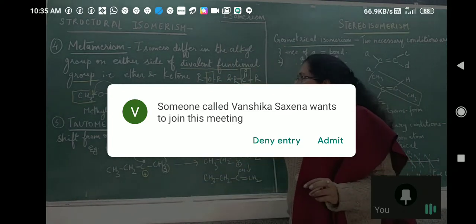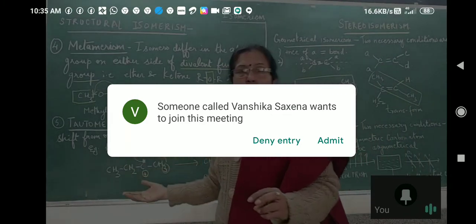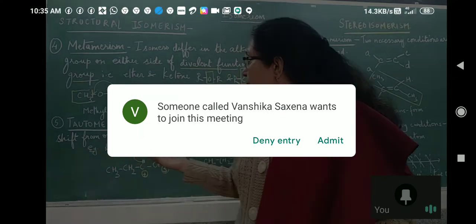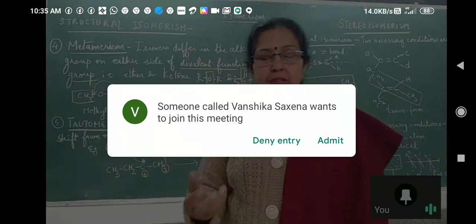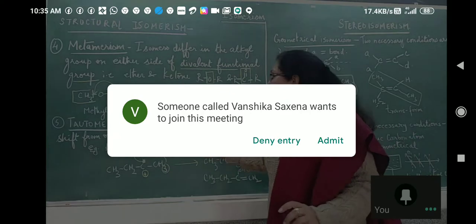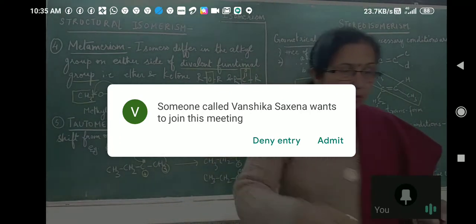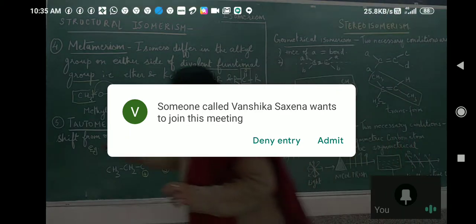Now, is this clear? Now, the fifth type of structural isomerism is tautomerism. This is a bit difficult to understand, but if you pay attention, you will be able to do that. Tautomerism is defined as, now the key word here is 1,3 hydrogen shift.